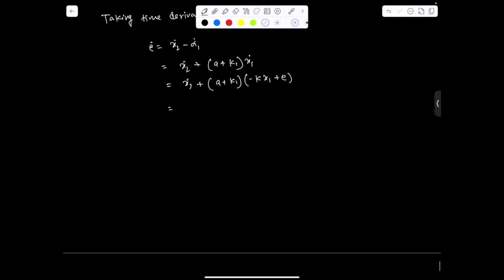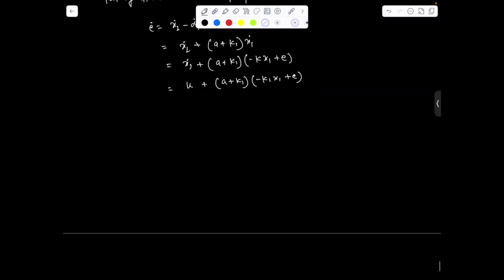So in x2 dot we can write u plus (a plus k1)(minus k1 x1 plus e).